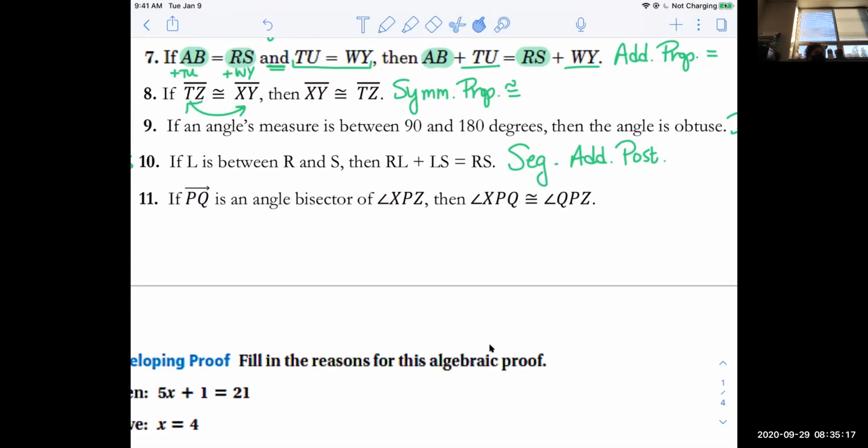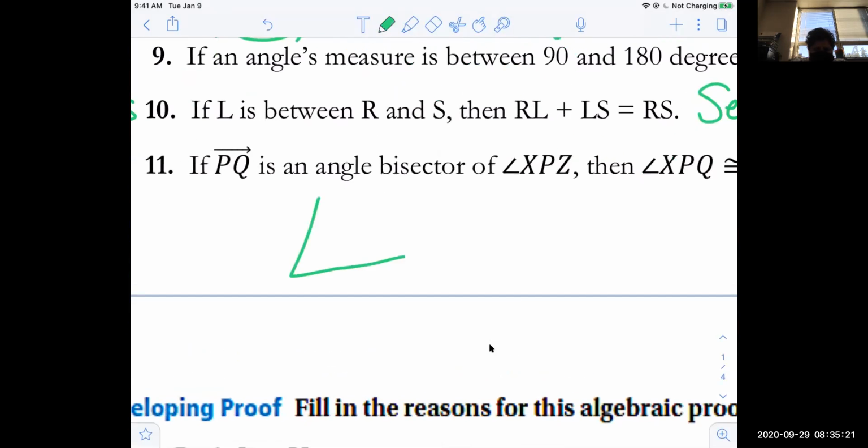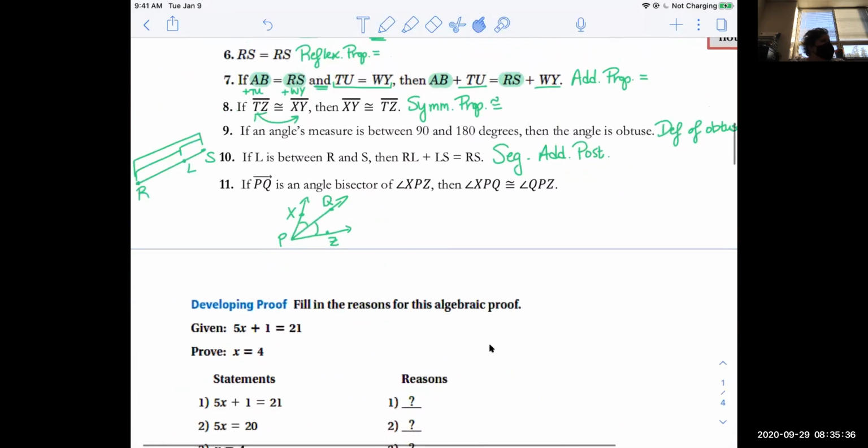If ray PQ is an angle bisector of angle XPZ, so let's draw a picture here. XPZ. PQ is an angle bisector, then those two angles are congruent. Anna, what's that?